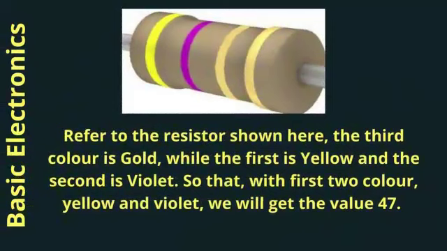Refer to the resistor shown here. The third color is gold, while the first is yellow and the second is violet. So with the first two colors, yellow and violet, we will get the value 47.